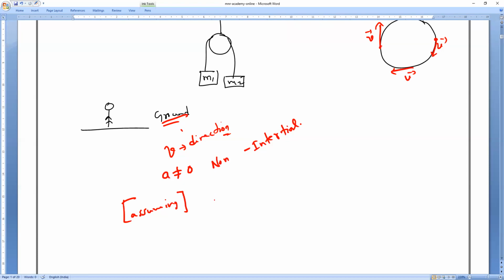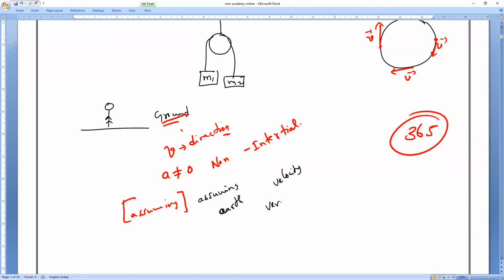It travels very slowly around the sun, taking 365 days to complete one revolution. Understood? So we assume that Earth's acceleration is very, very small, since Earth's velocity is slow. Even though it is a non-inertial frame, if the observer is standing on the ground, we will consider that his acceleration is what, guys?